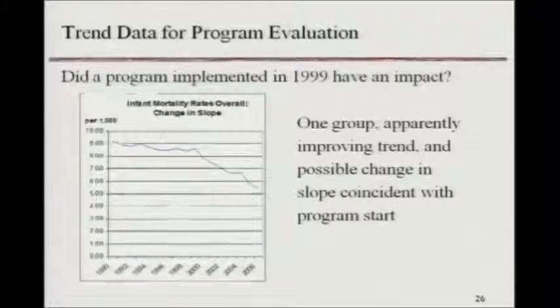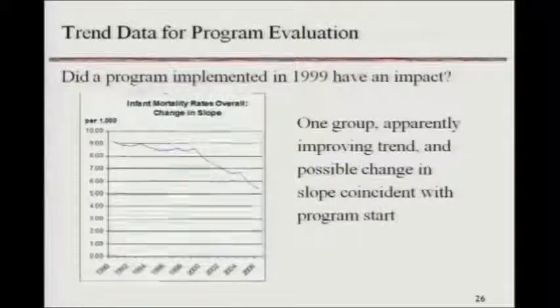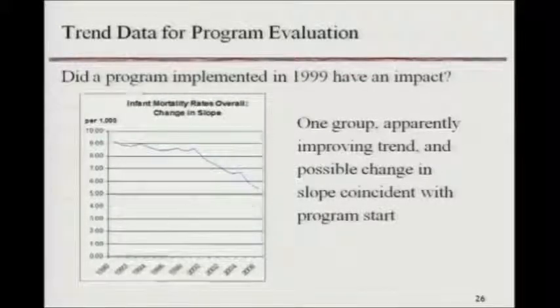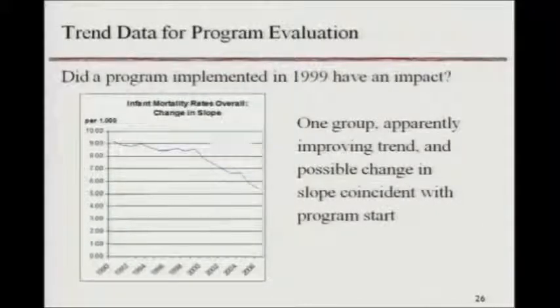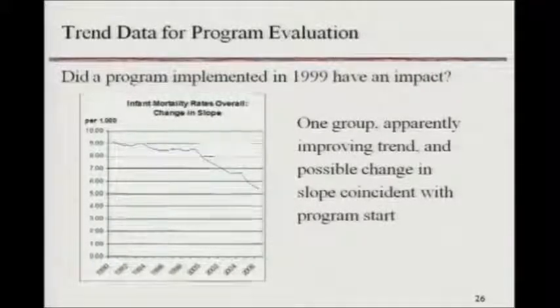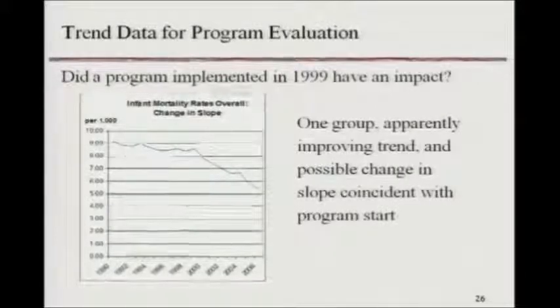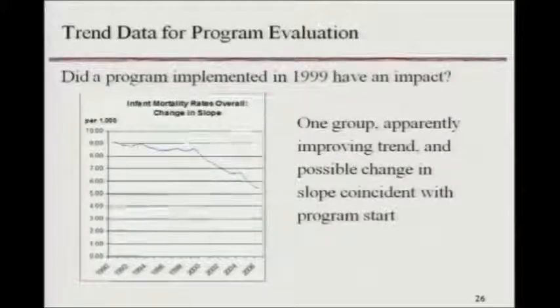Something does look like it's happening there. And if I just use regular regression analysis, it's going to smooth the data and draw one line through it, and I wouldn't see that. In program evaluation, we want to be able to identify these inflection points. And do inflection points coincide with us implementing something?